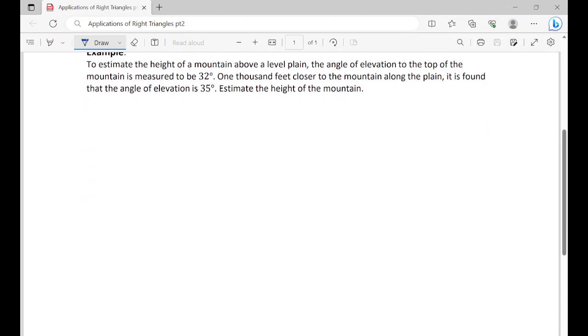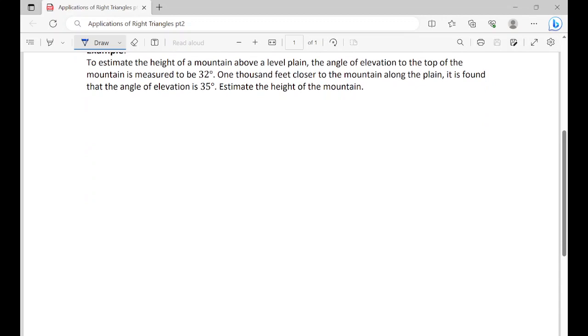Knowing all this information, it's easiest to figure it out by drawing a triangle to visualize what's going on. So that's what I'm going to do. I'm going to start off with my triangle, and we're assuming it is a right triangle, of course. I know that from here to here, the angle is 32 degrees.